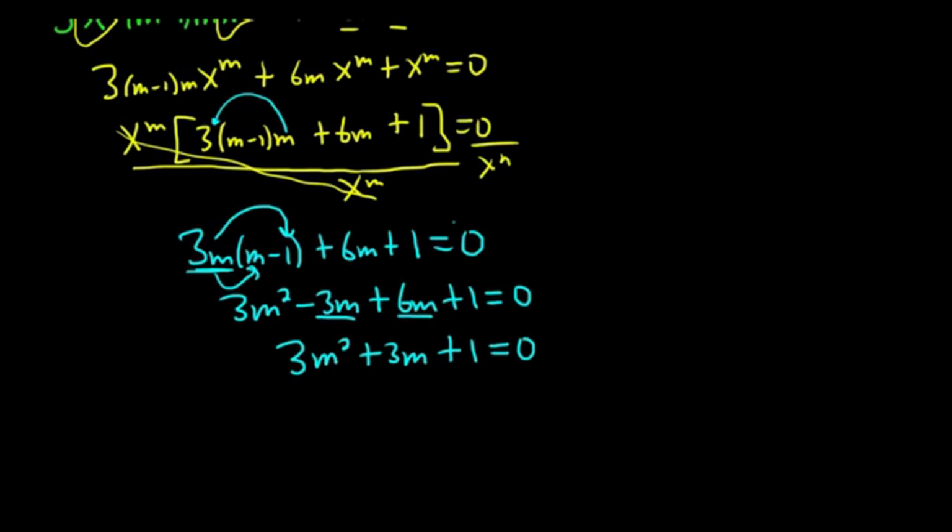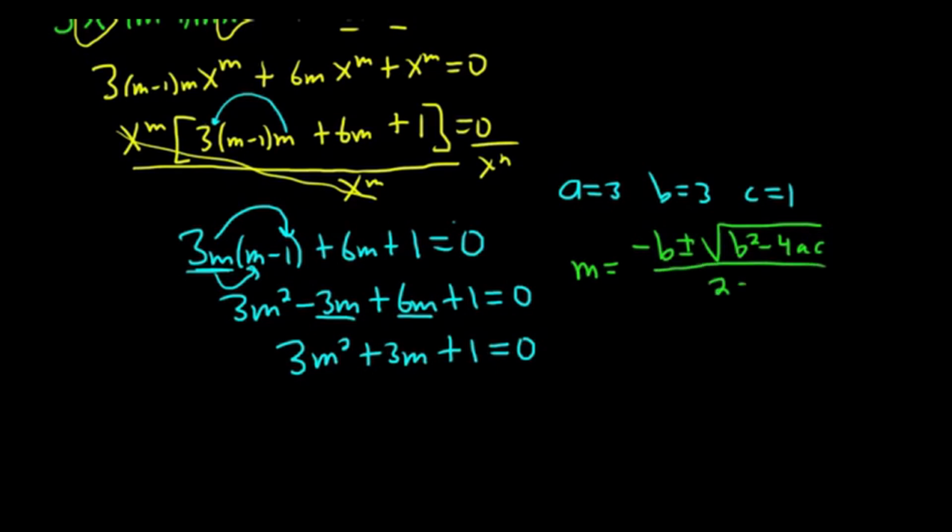All right, so how do we solve this? Well, we can complete the square, or we can use the quadratic formula. Let's go ahead and use the quadratic formula. So a is 3, b is 3, c is 1. The quadratic formula, if you recall, says that m is negative b plus or minus the square root of b squared minus 4ac all over 2a.